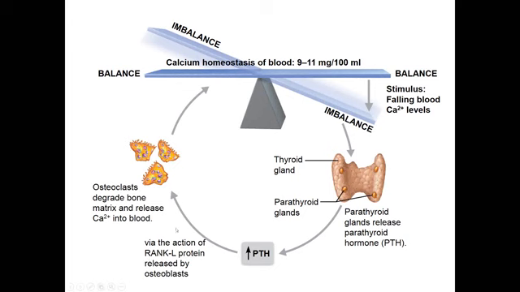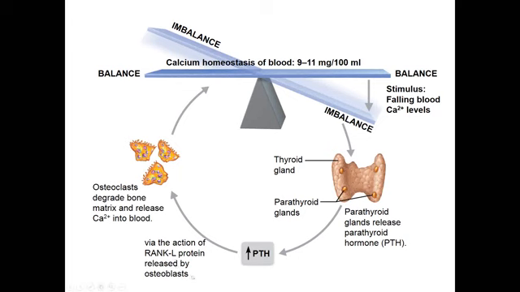Now the RANKL then acts on the osteoclasts and causes it to gobble up bone tissue and therefore release the calcium into the blood. Now that RANKL is actually important later on when we talk about medication for osteoporosis.